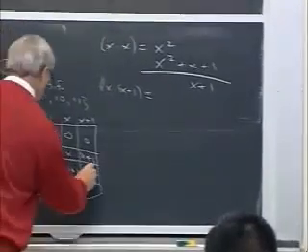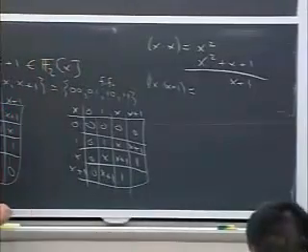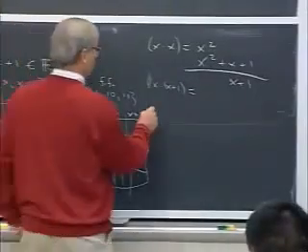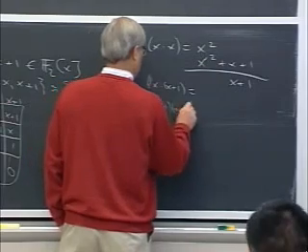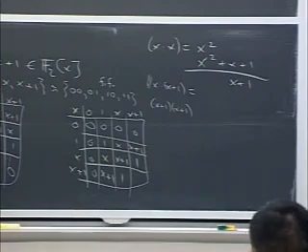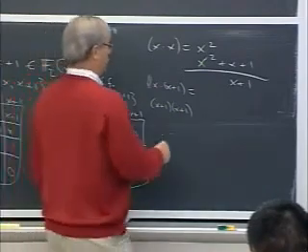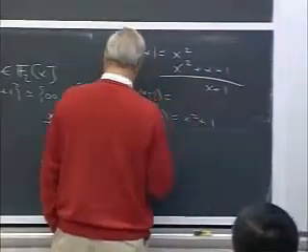Good. You can do that in your heads. And what's x plus 1 times x plus 1? Remember, we're doing mod 2 arithmetic in our base field here. So this equals what? X squared plus 1. We reduce that, we get x.